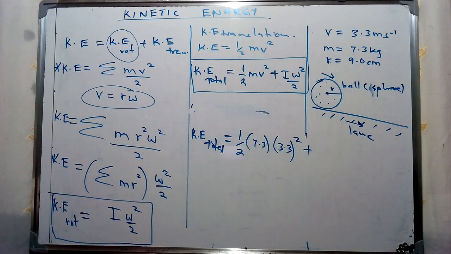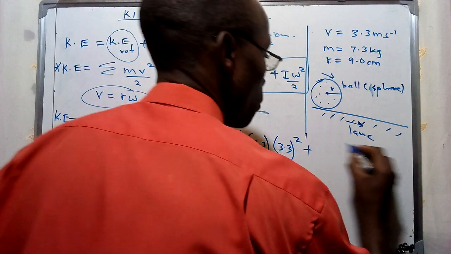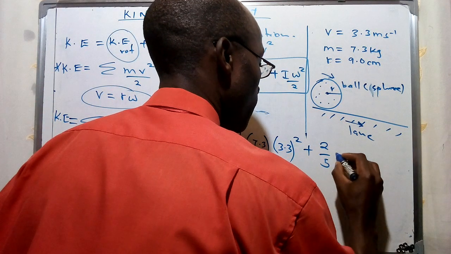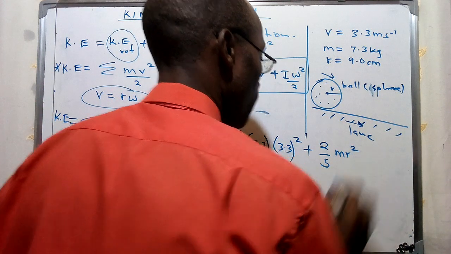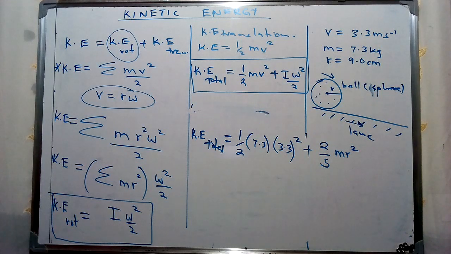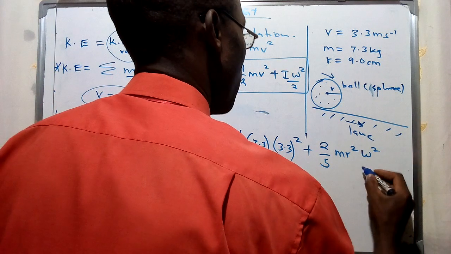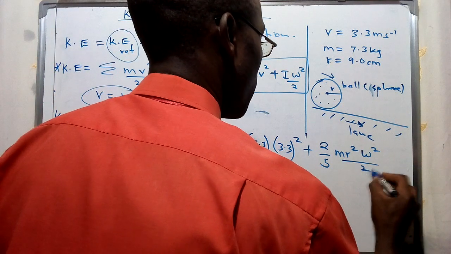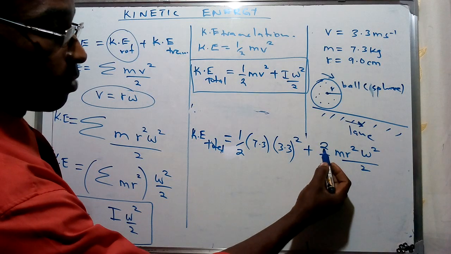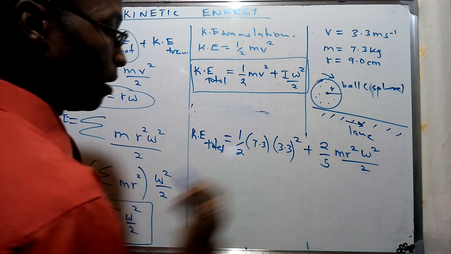So from our previous discussion, this is given as 2 over 5 m r squared. So in this case, I'm going to do just a substitution of that one, and of course that is going to be with the product of omega squared all over 2 given as that one.